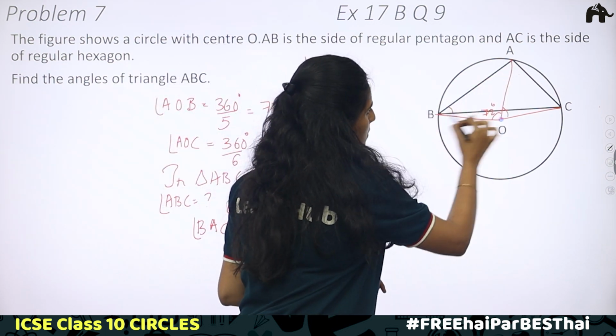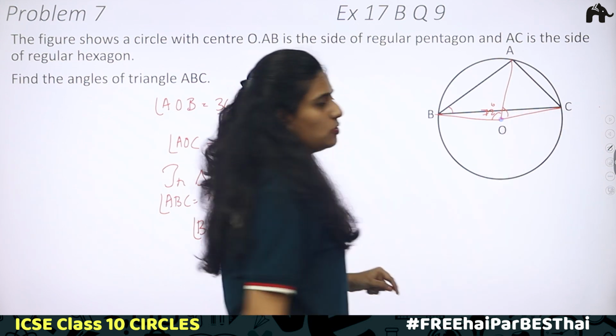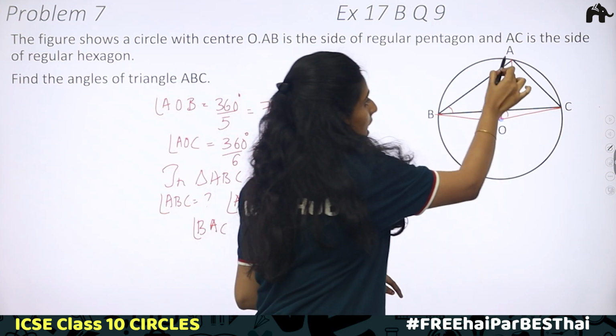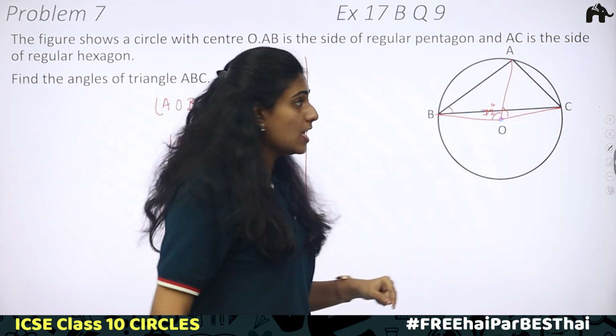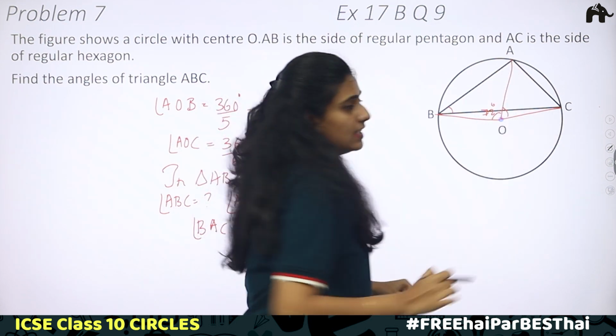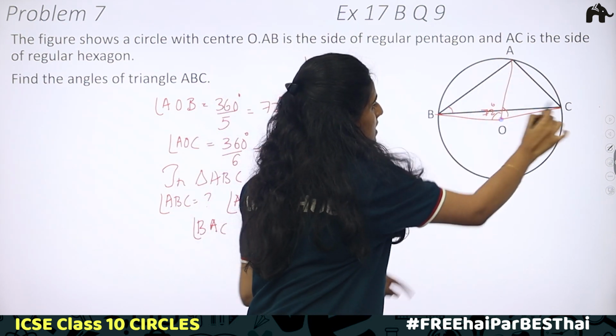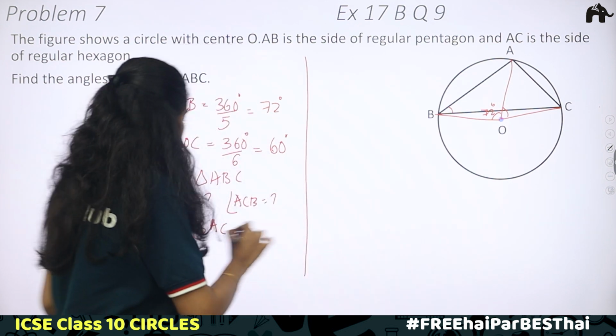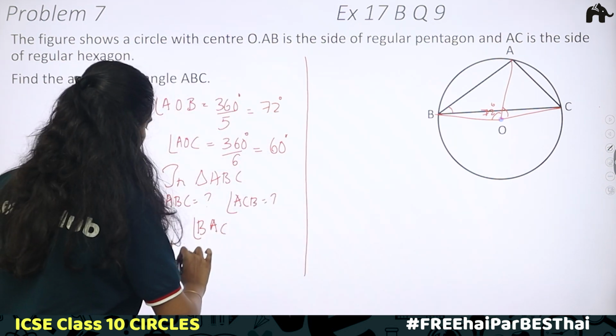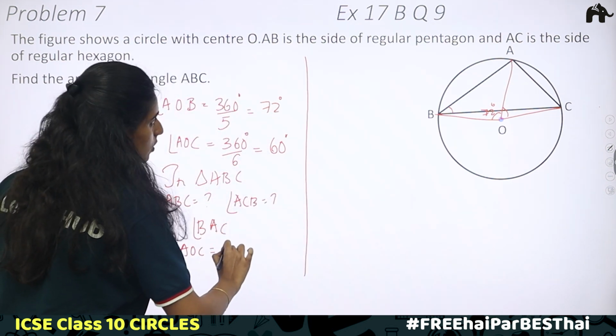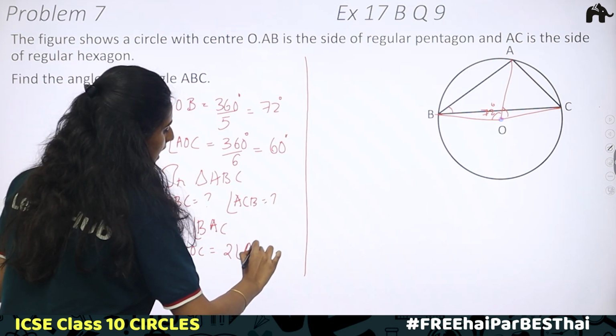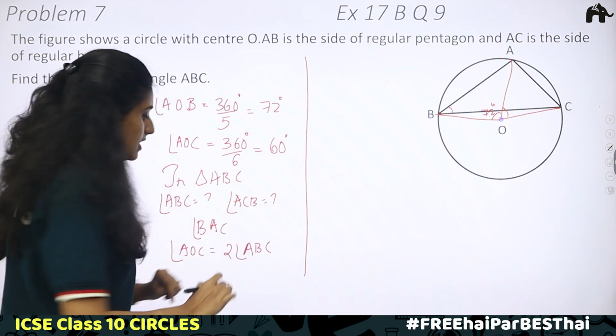When you take ABC, ABC is related to AOC. Why? Because this chord AC subtends angle AOC at the center and ABC on the circumference of the circle. Therefore, we have angle AOC is equal to 2 times angle ABC. What is the reason?